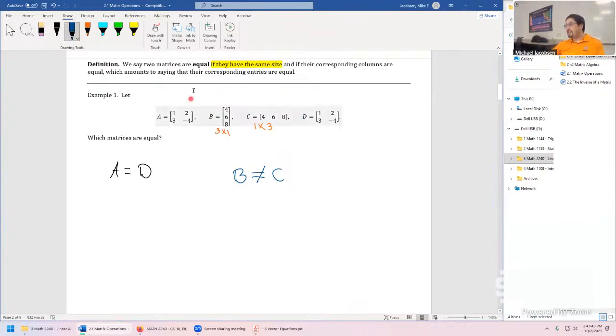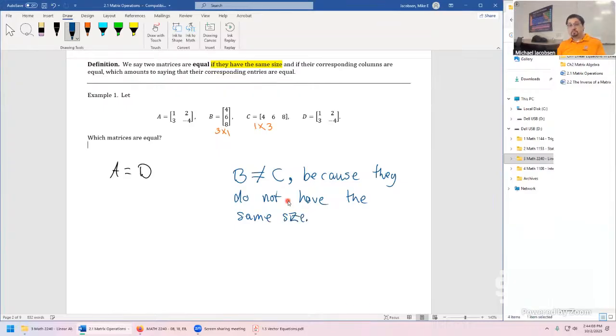Despite those corresponding entries going down or going left or right being identical, they're not equal because they do not have the same size. And that does definitely seem weird in a certain sense.